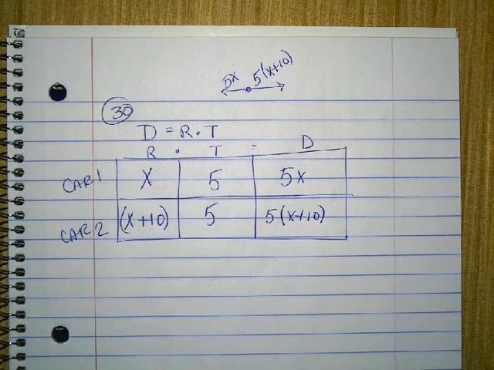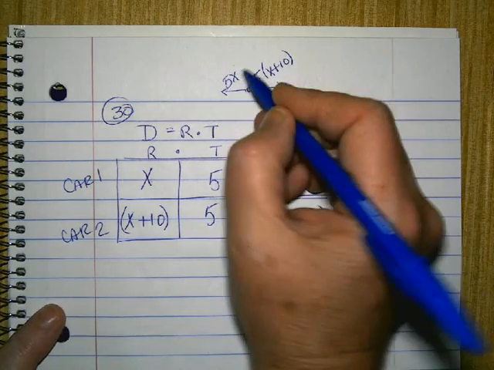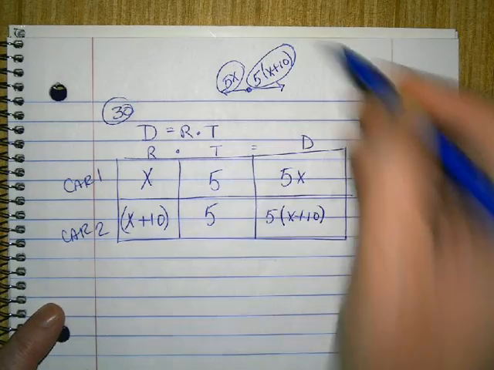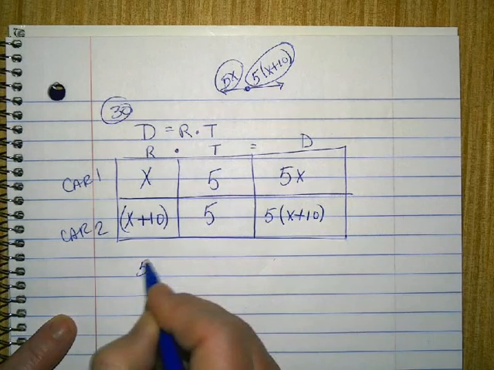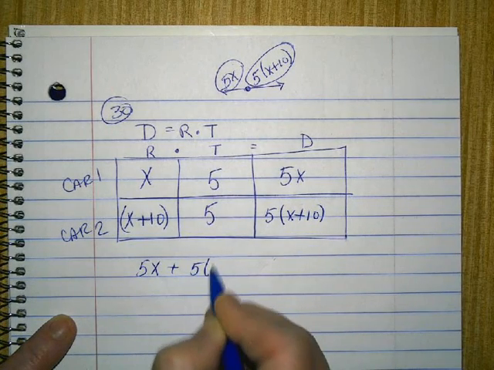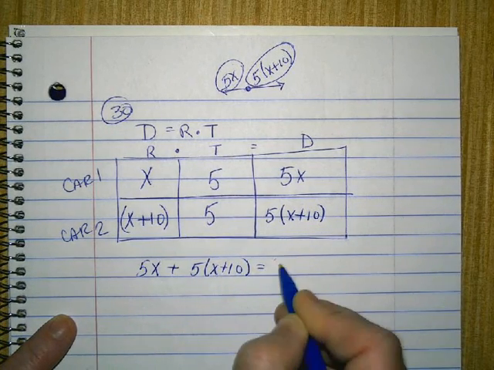Together, at the end of 5 hours, how far apart are they? They're 500 miles apart. So this distance plus this distance is equal to 500. So 5x plus 5 times x plus 10 is equal to 500.